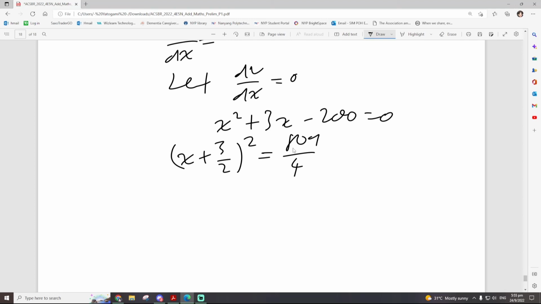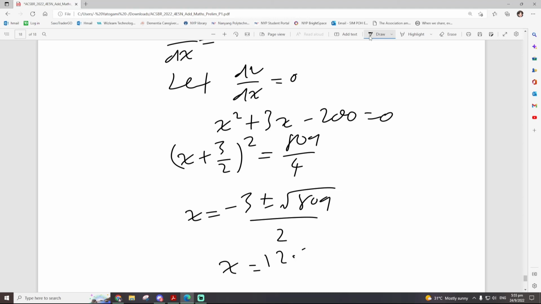So you get x equals to minus 3 plus minus the square root of 809 divided by 4, and you can find the values of x. So, sorry, it's divided by 2. So you get 12.721. X equals to, the other solution will be a negative number, so we don't consider it.